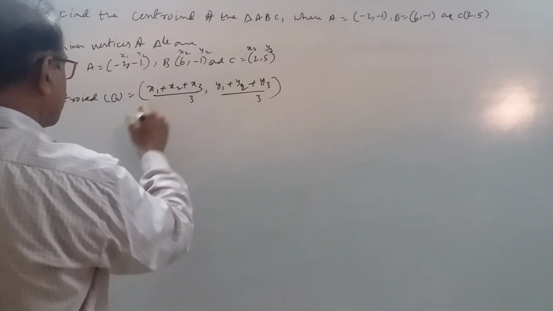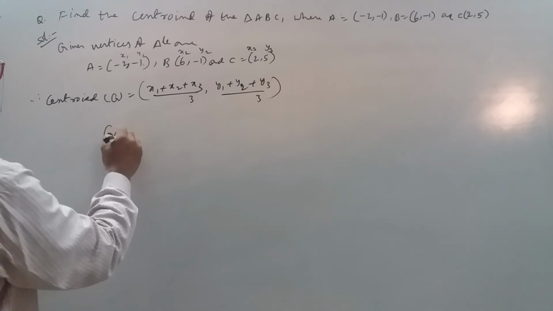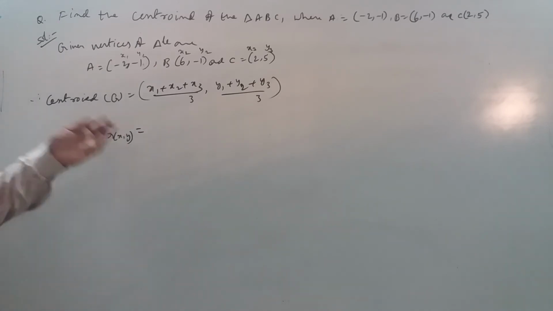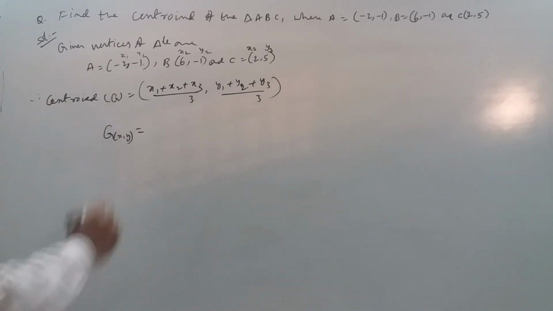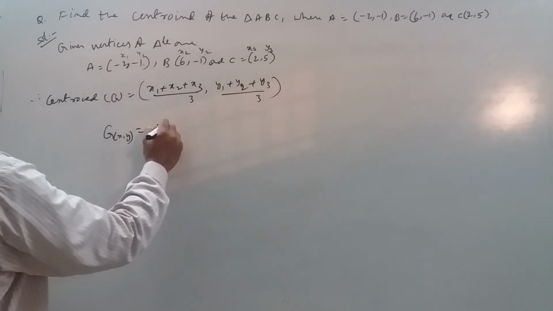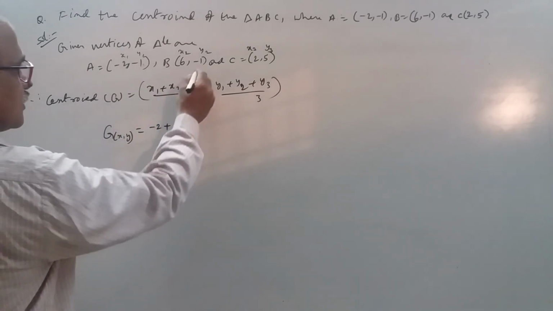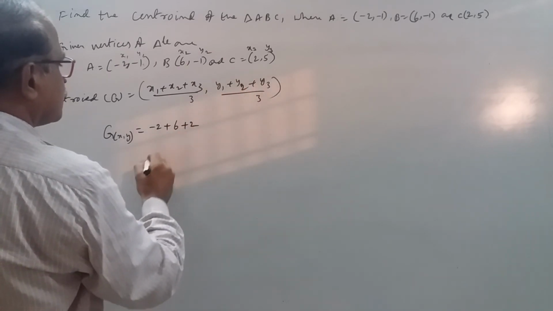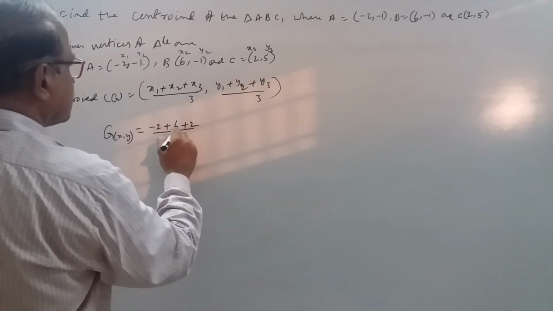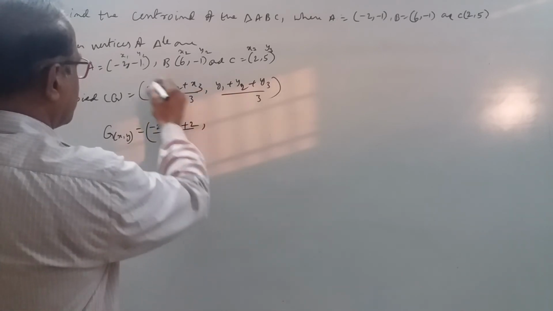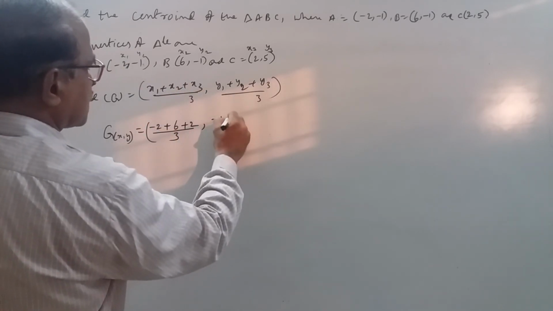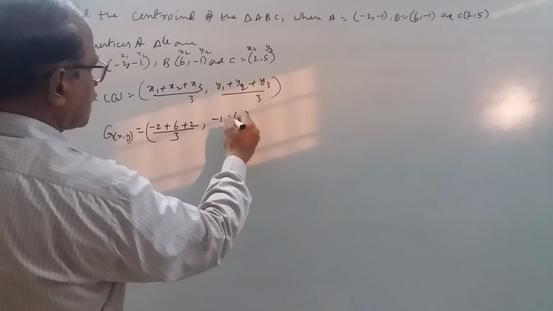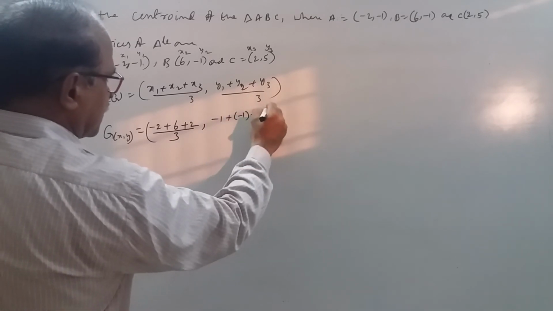By using this formula, we can find the coordinates of G. Here x1 is -2 plus x2 is 6 plus x3 is 2 by 3, y1 means -1 plus y2 means -1 plus y3 means 5 by 3.